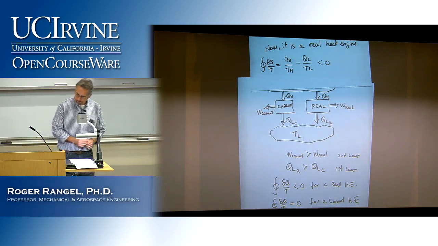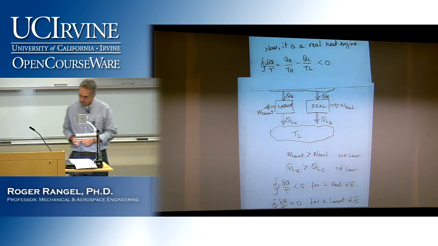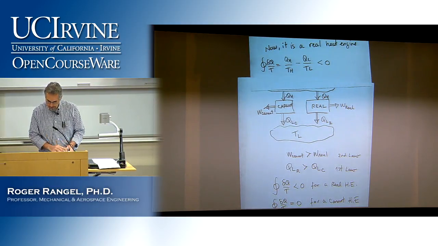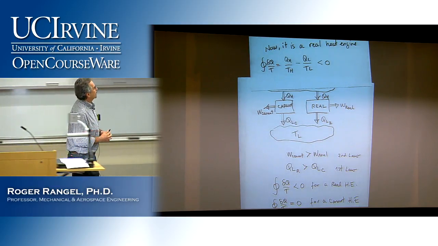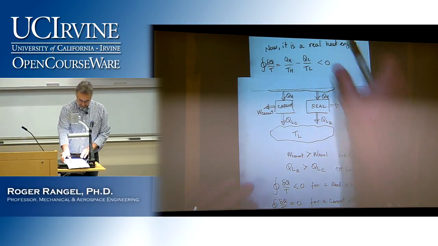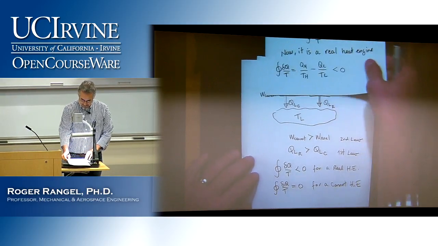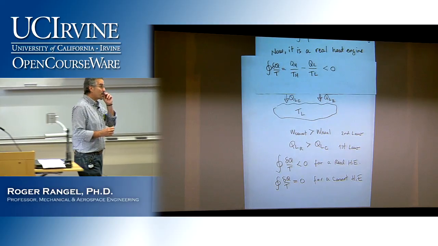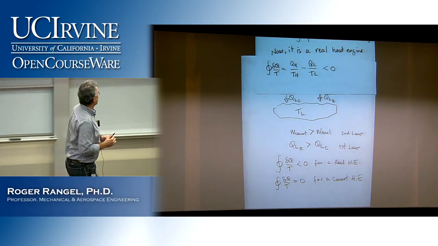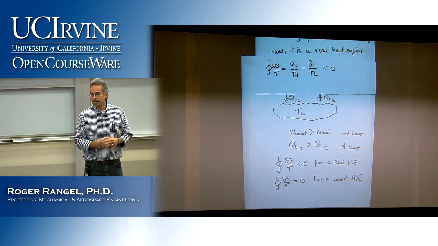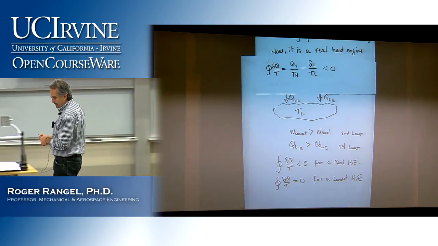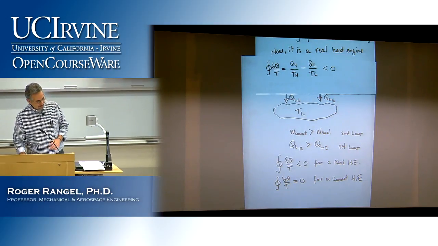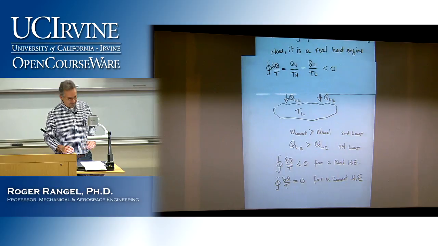All right? That result is very important. In fact, we haven't seen really any equations yet for the second law of thermodynamics. But if you were to write an equation for the second law of thermodynamics at this stage of the game, that would be it.